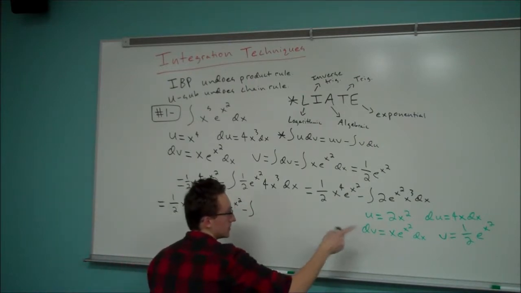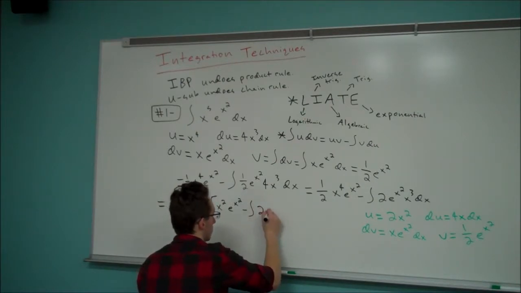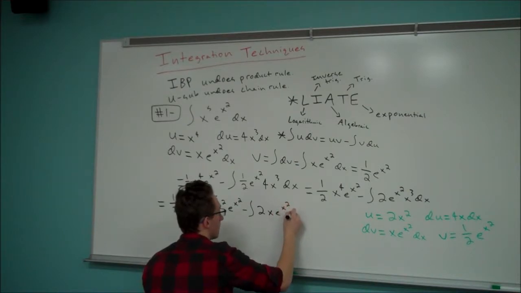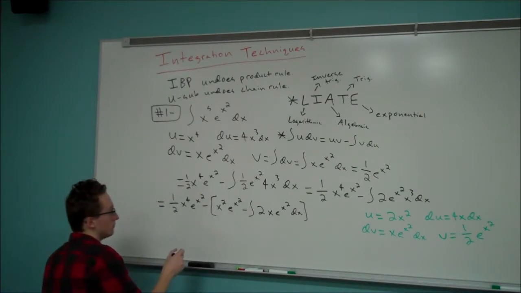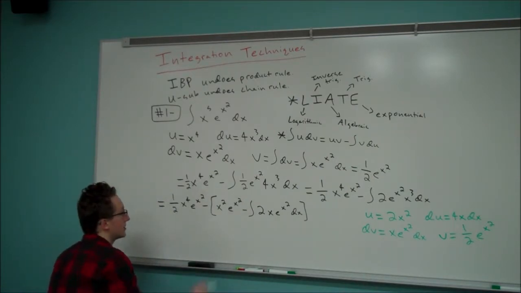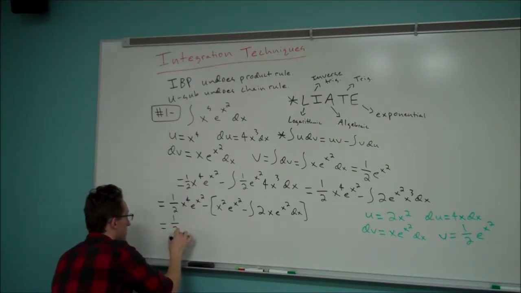Minus the integral of this v and du. Okay, I'll combine the 4 times 1/2 is 2. And then now I'm going to deal with my positive and negative signs. I'm going to make sure I distribute those out.